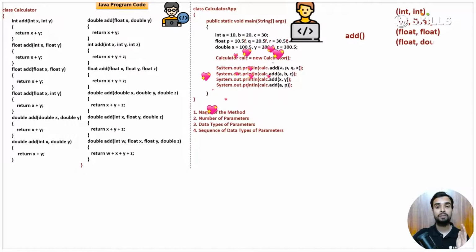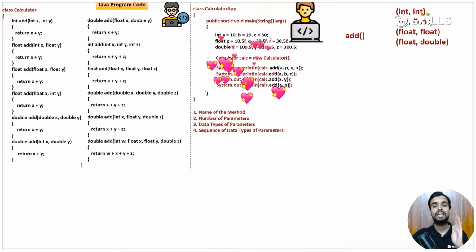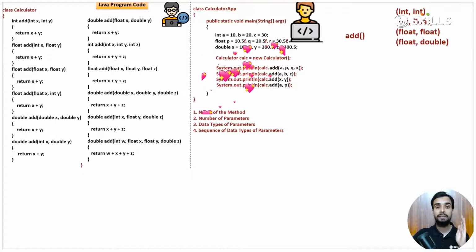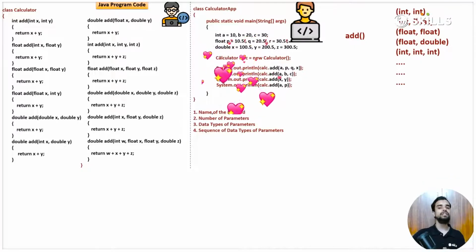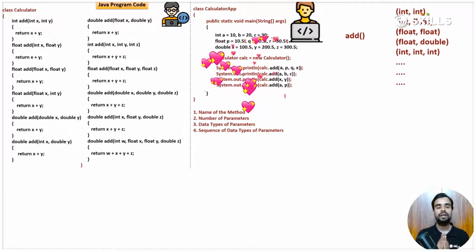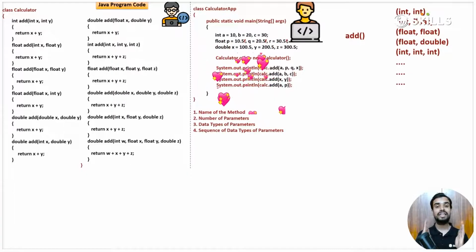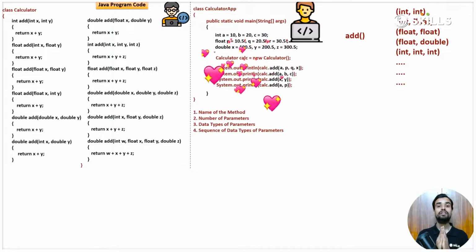The same add method is also capable of performing the addition operation between one floating point value and one double type of value. The same add method is also working for three integers as arguments. It is only you and I who are aware of both sides of this story. We know that inside the calculator class, we don't have a single add method that is working for multiple different types of parameters.